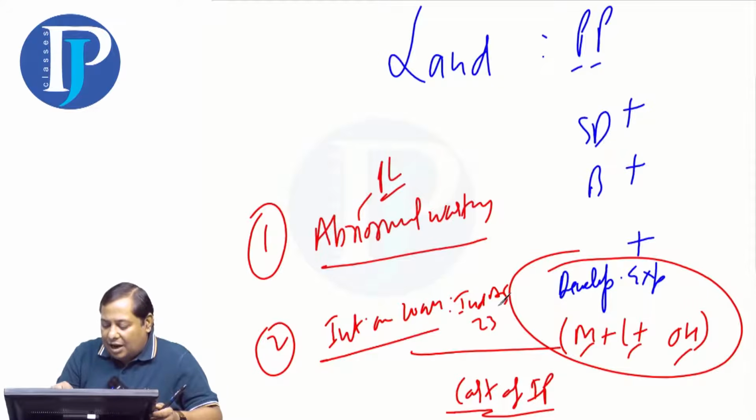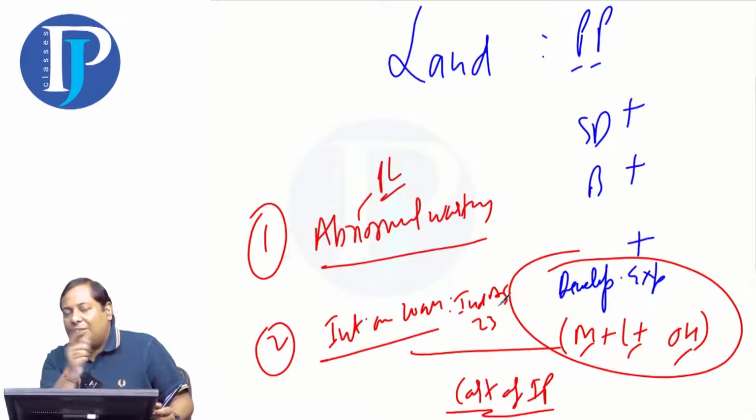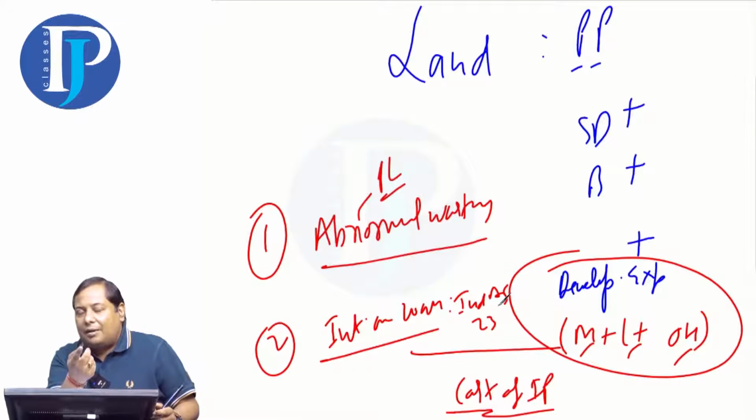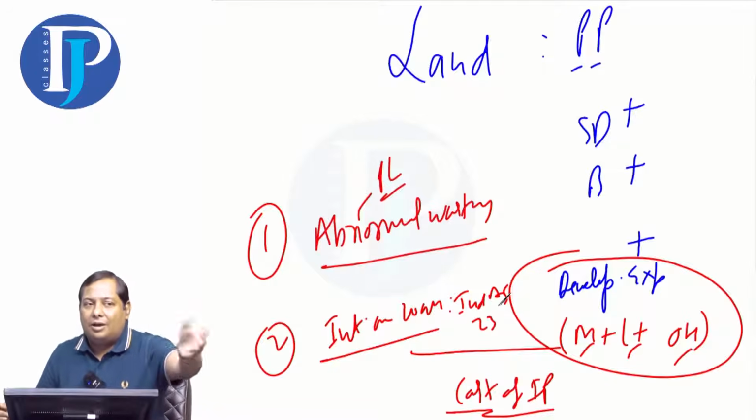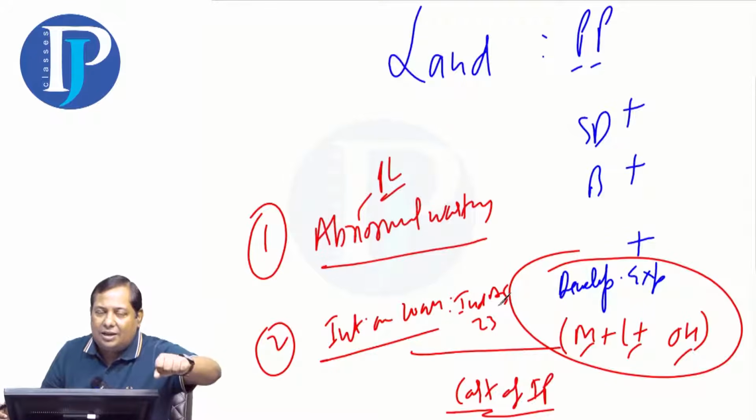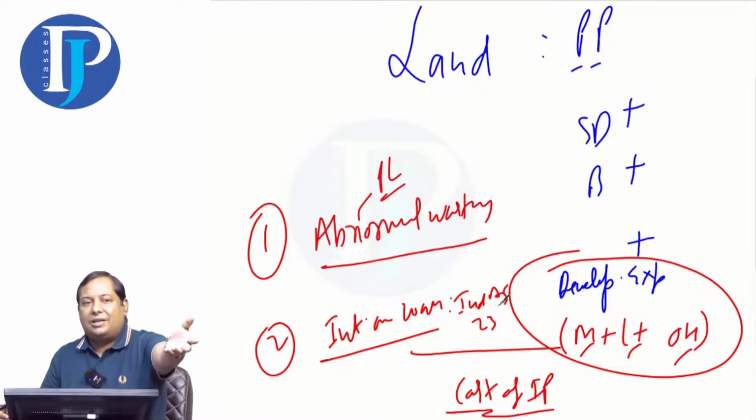Now you might be thinking why I did not mention this in the purchase. Because when purchasing, your interest cannot be capitalized because your asset is ready for use. You purchased a ready-made asset. It's not taking time to prepare that. It's ready for use, so you can't capitalize interest.